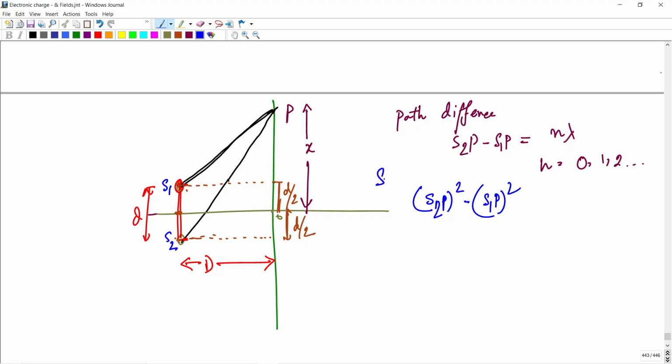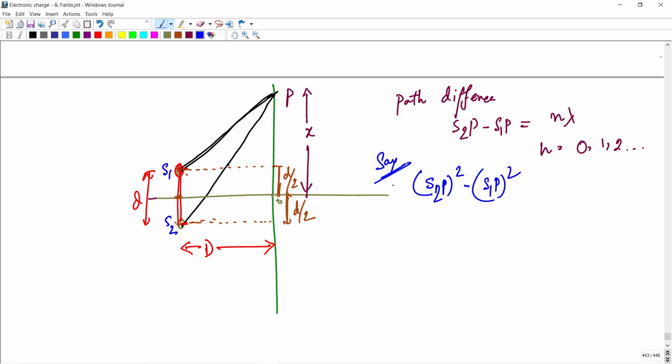This is a right angle triangle, with a 90-degree angle here. With the help of Pythagoras theorem, base square plus perpendicular square gives the hypotenuse. So S2P square is the base square, D square, plus the perpendicular, x plus d by 2, whole square.